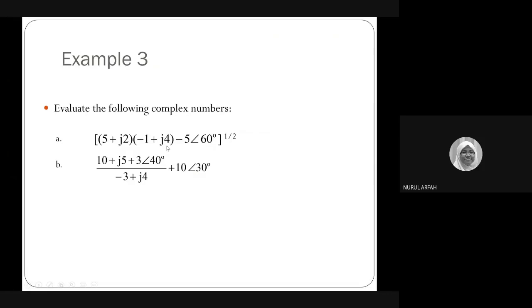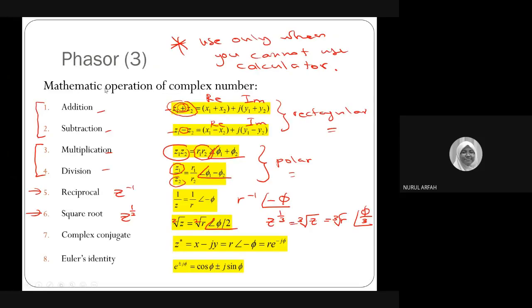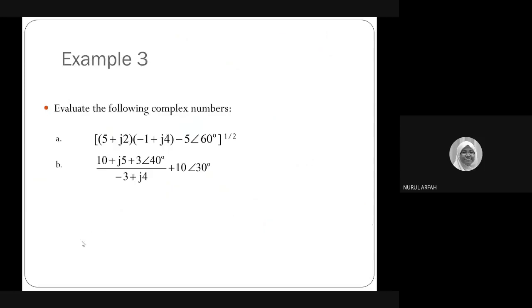And if you cannot use the calculator, then you use math operation for complex numbers. Right? So if you look here, how far did you manage? Up until inside here? I got the one in the brackets, but not the square root part.